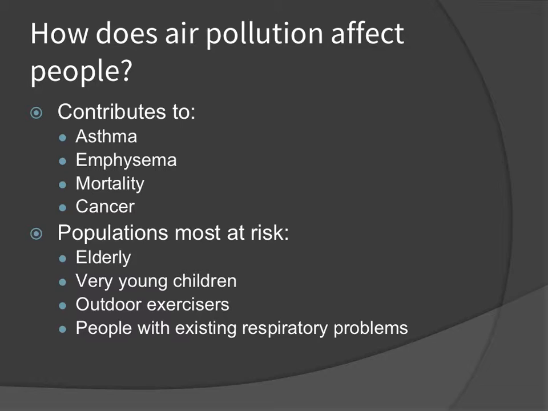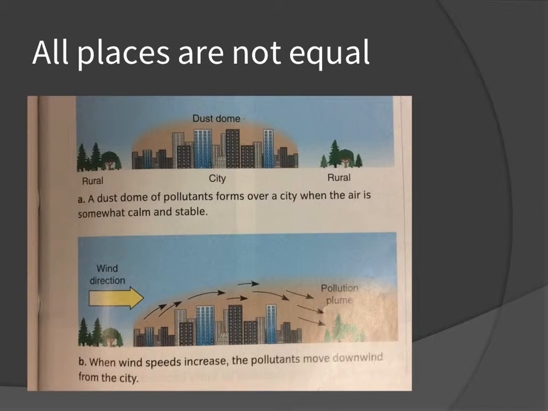So how does air pollution actually affect people? Well, it contributes to asthma, emphysema, it can cause death, and cancer. The populations that are most at risk from air pollution are the elderly, the very young, outdoor exercisers, and people with existing respiratory problems. So as we think about this, all places in the world are not equal when we consider air pollution.